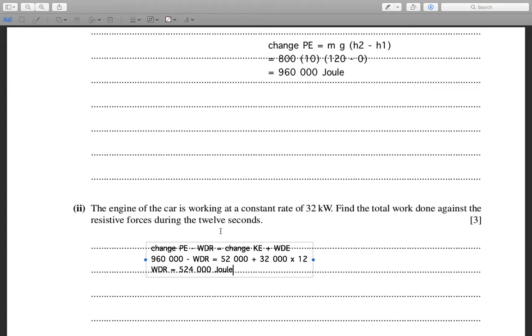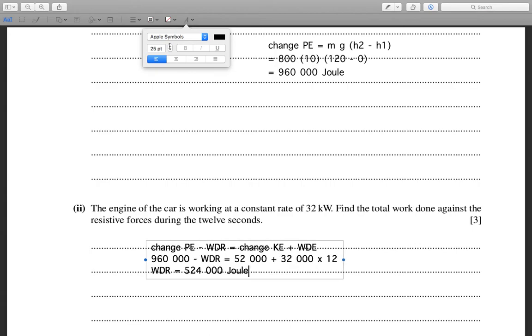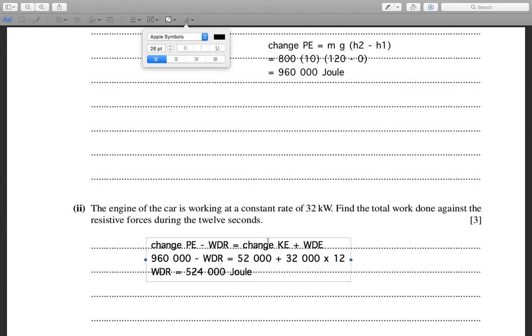We get 54 kilojoule. Yes, this is the work done against the resistive force.